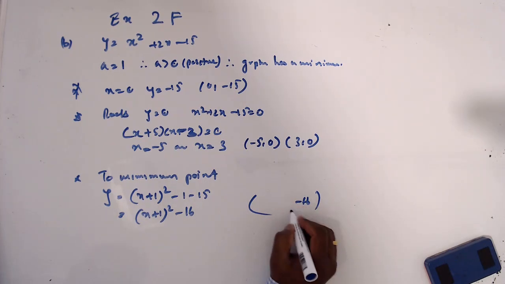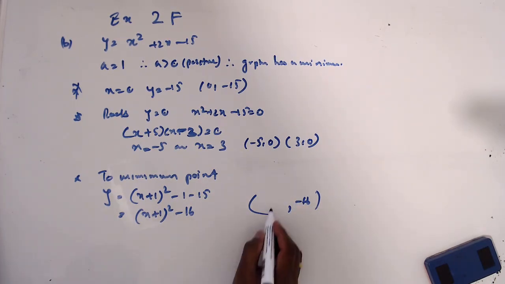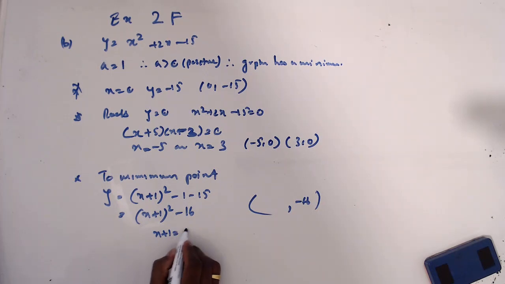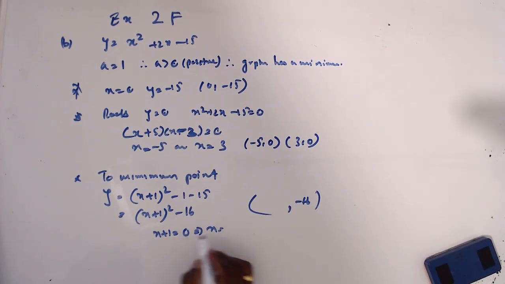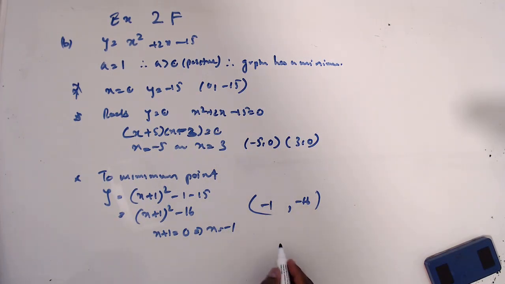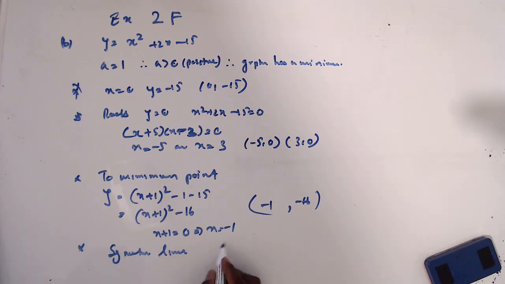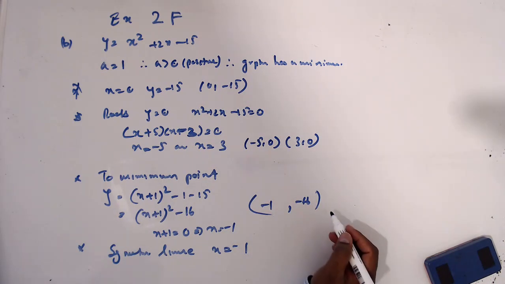The y value is minus 16, the x value: x plus 1 equals 0, x equals minus 1. So the minimum is (minus 1, minus 16). We know the symmetric line is x equals minus 1. Now you can draw the graph.